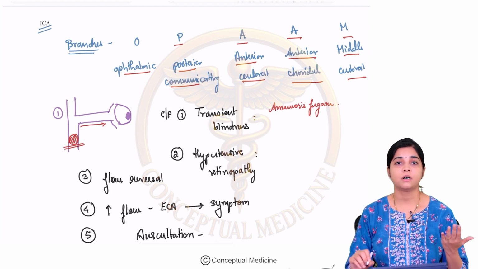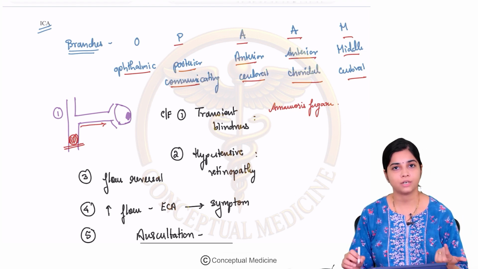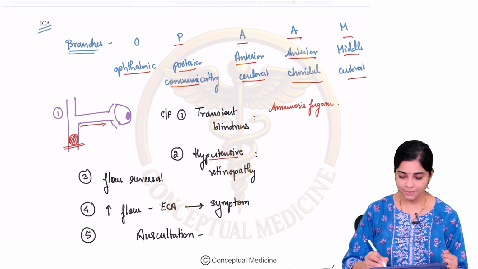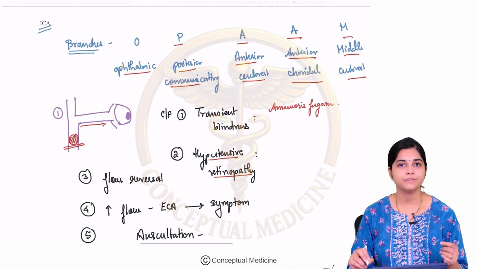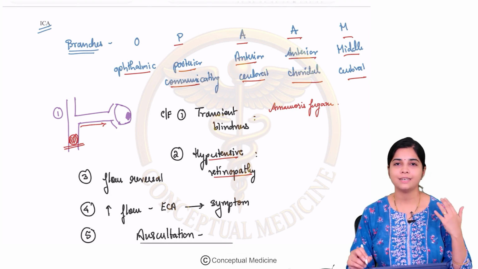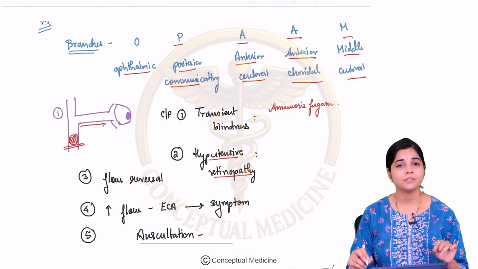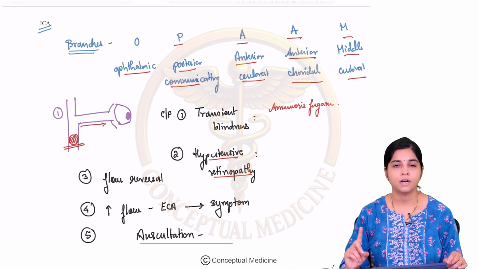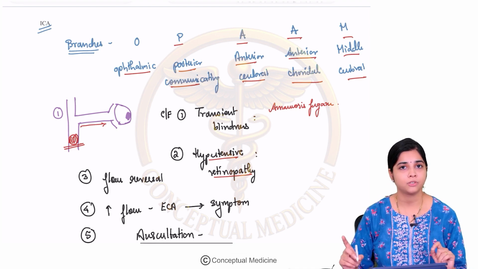In fact, when you go for your clinics, you will be taught that amaurosis fugax is one of the signs of anterior circulation TIA or anterior circulation strokes. This is the reason. Second, what happens if a patient has hypertensive retinopathy? Whenever a patient has hypertension, he can have changes in the eye that we call hypertensive retinopathy. Now, a patient with hypertensive retinopathy develops one-sided carotid artery occlusion. What happens to the blood flow in that side's ophthalmic artery?